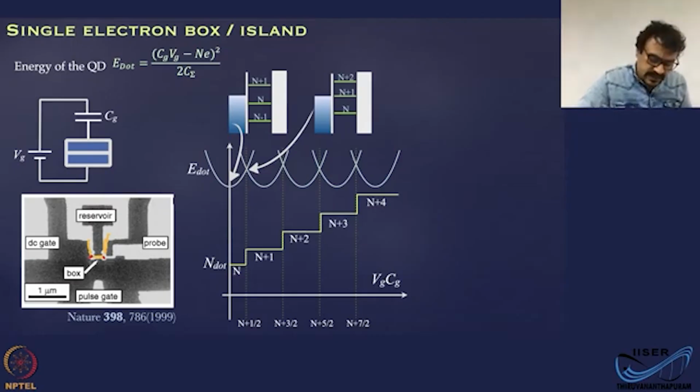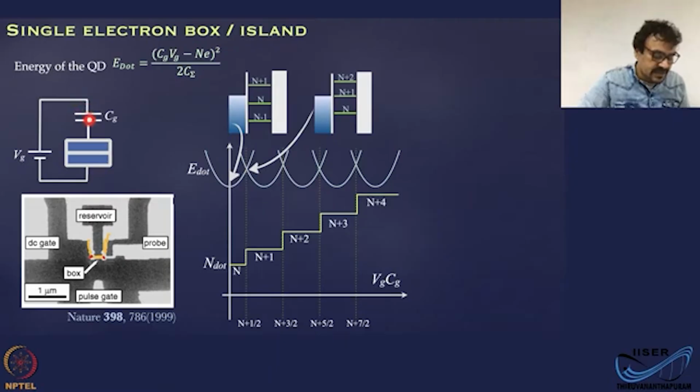Now let's look at the energetics of this device. What you have is a quantum dot which is capacitively coupled to a gate. The number of electrons on the quantum dot, which I have represented by this tunnel junction here, is discrete.